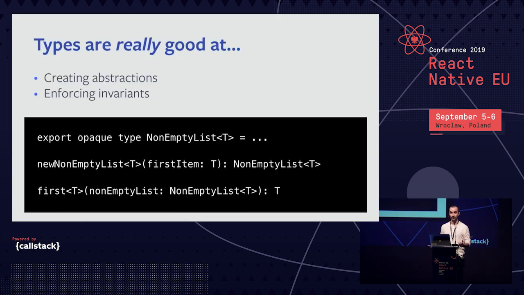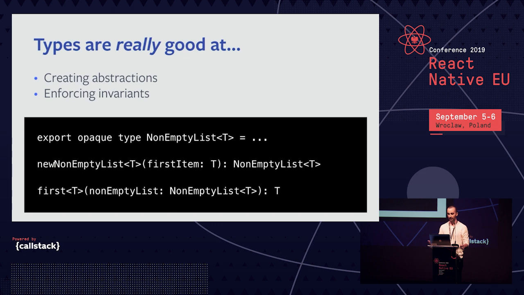So types are really good at two things, and these are more important than catching those runtime errors. The two things that they're really good at are creating abstractions and enforcing invariants. Right? So I created an abstraction with that opaque type. You can't access the underlying structure. All you can do is use the interface that I expose.